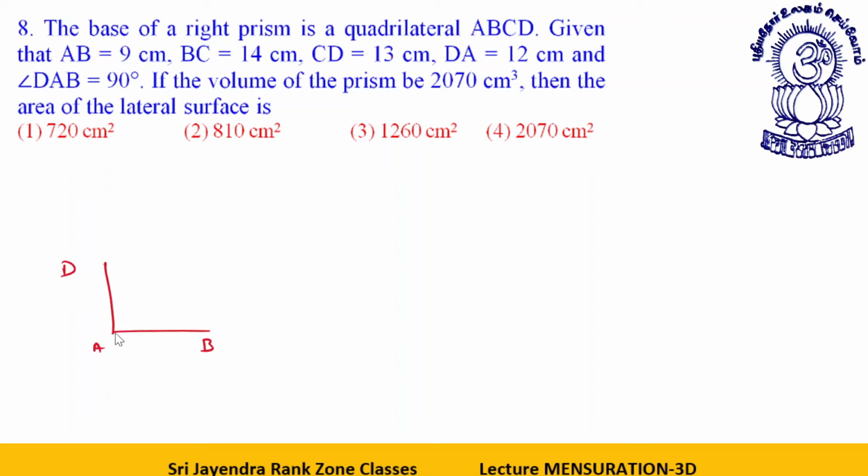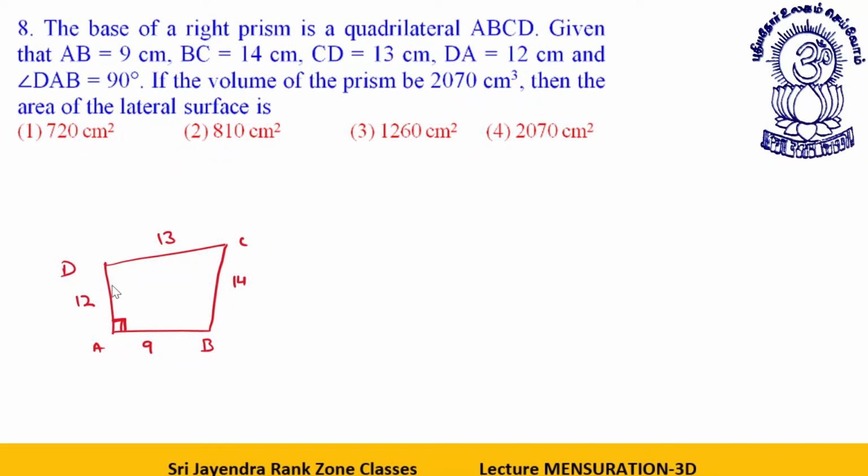DAB is equal to 90. AB 9, BC is 14. Let's say this is C. This BC is 14. CD is equal to 13. DA is equal to 12. If DAB is equal to 90 degree, this angle is 90 degree. If the volume of the prism be 2070, then the area of the lateral surface is fine, no problem.